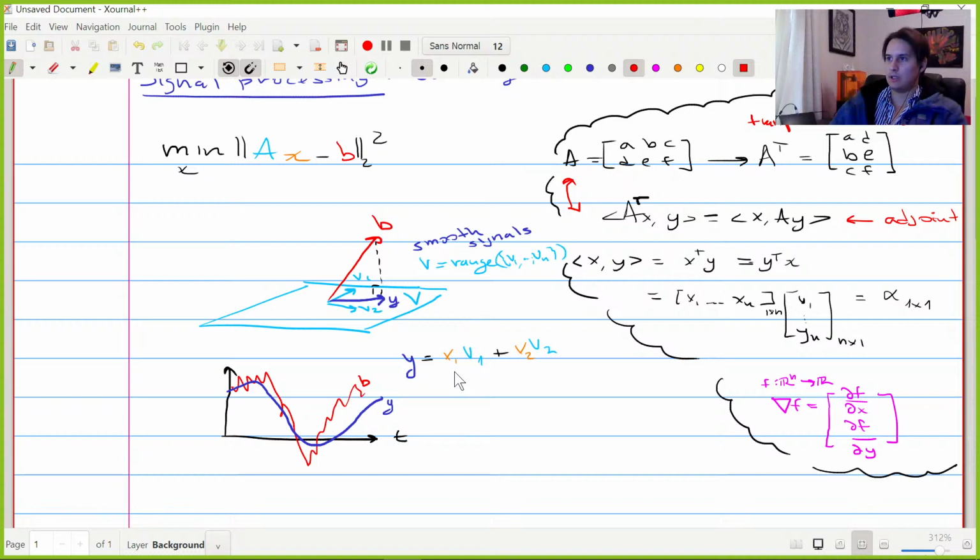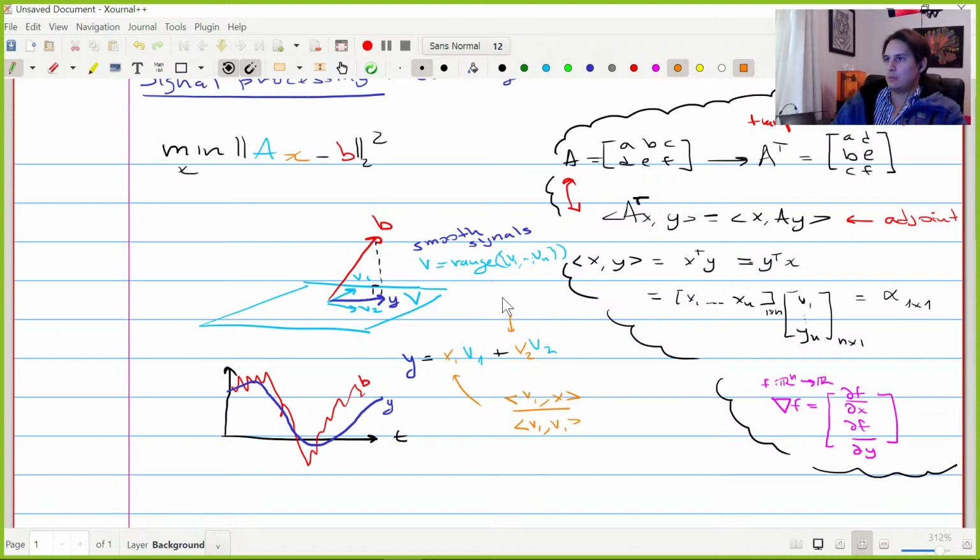How did we get these coefficients? Yes, we did something like, for example, for x1, it will be v1 b divided by v1 v1.